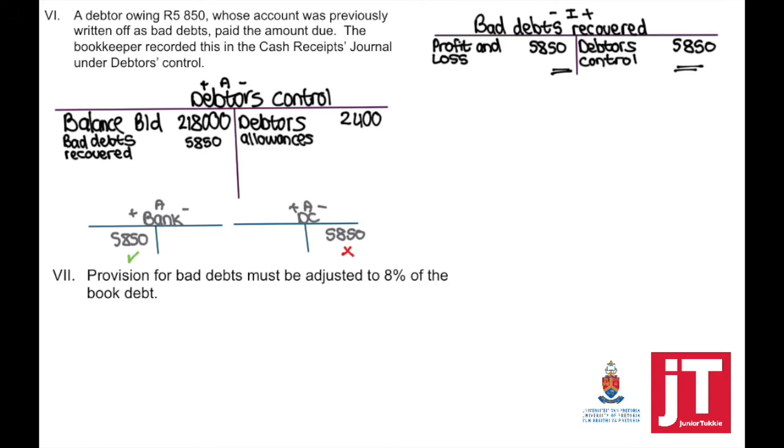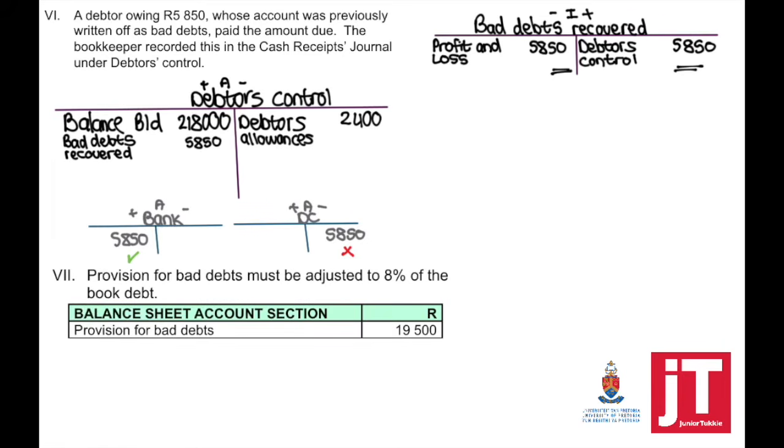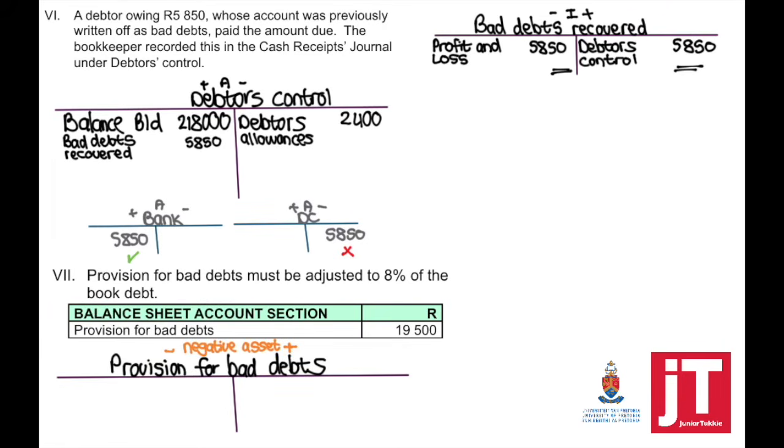The next adjustment says provision for bad debts must be adjusted to 8% of the book debt. Your book debt is your debtors control balance. So you need to use your new updated debtors control balance. If we look at provision for bad debts is a negative asset, so the balance brought down appears on the credit side.